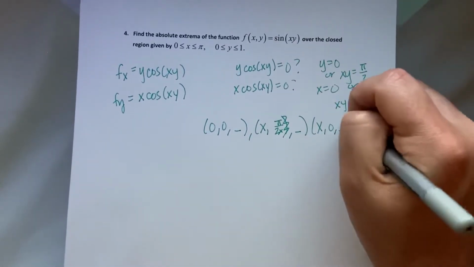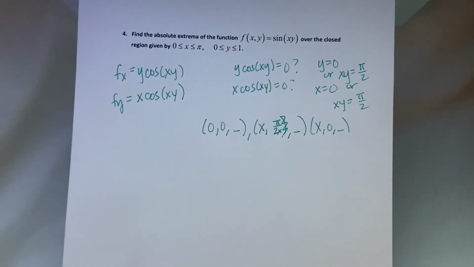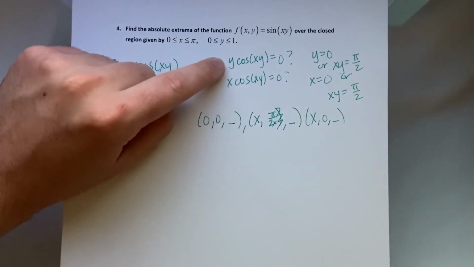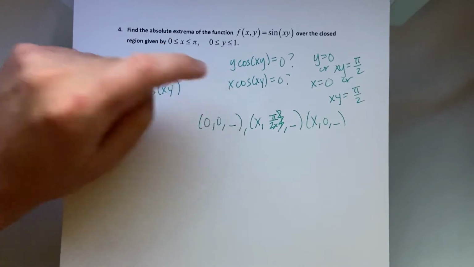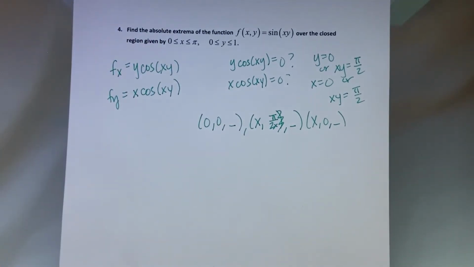Now why is that correct or not? Well, here's the idea. These are boundary points after all, but if y is 0, this thing is 0 automatically. So what does x have to be if y is 0? Well, the cosine is 1, which means the x really needs to be 0 for this to work.